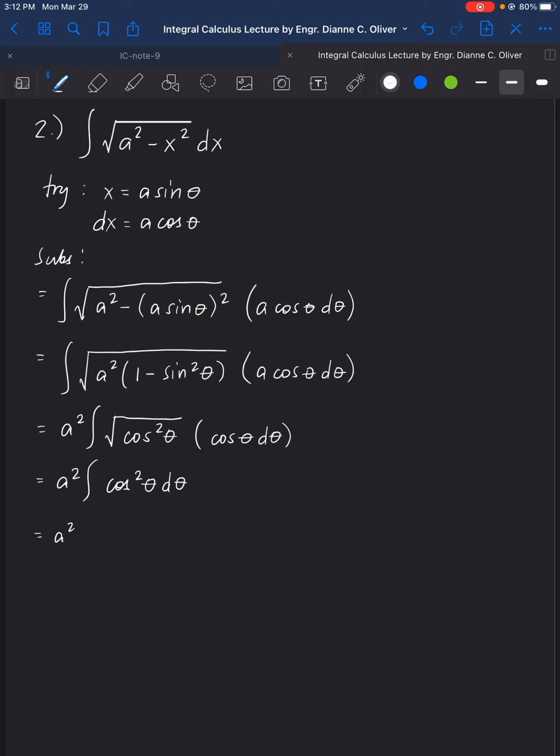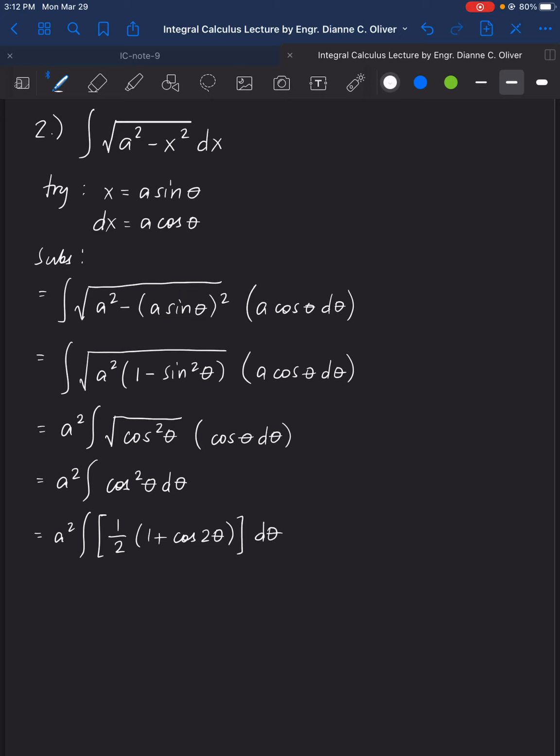Then equal to a squared. Now what happens here is we will be using the trigonometric transformation. If we are dealing with an even exponent, in the previous video we have discussed already trigonometric transformation dealing with even exponent. That is, we multiplied with the half angle formula, 1/2 times 1 plus cosine 2 theta d theta.